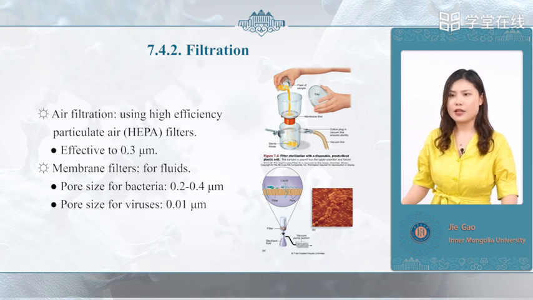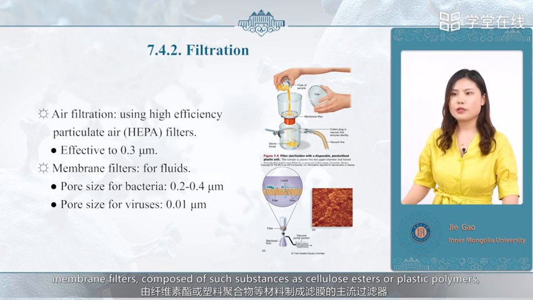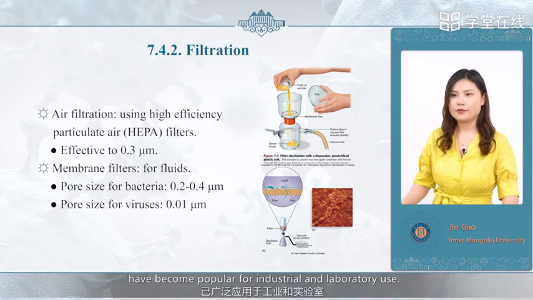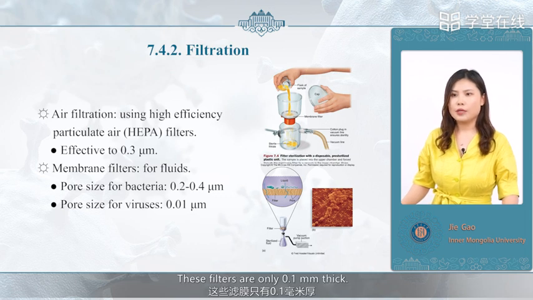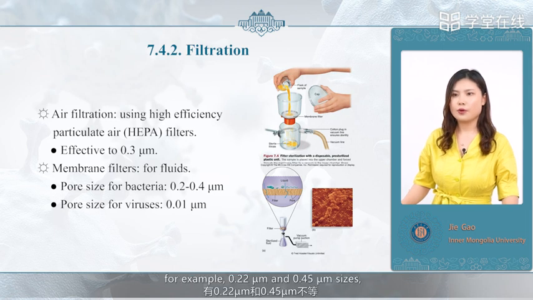In recent years, membrane filters composed of such substances as cellulose esters or plastic polymers have become popular for industrial and laboratory use. These filters are only 0.1 millimeter thick. The pores of membrane filters, for example, 0.2 micron and 0.45 micron sizes, are intended for bacteria.